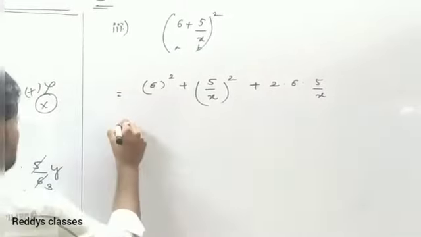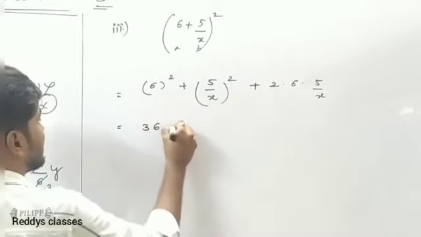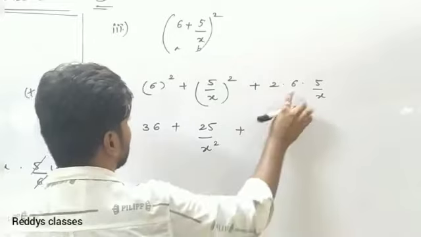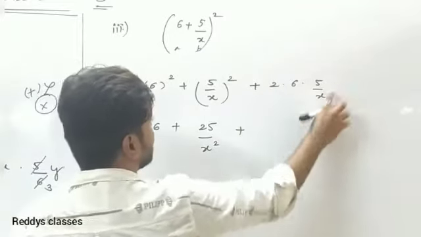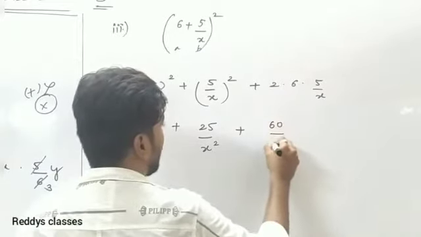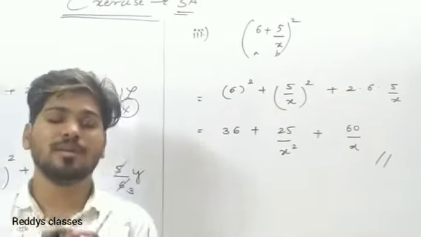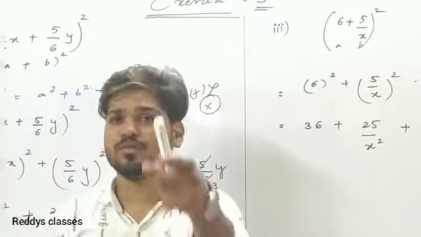Square of 6 is 36, square of 5 is 25, x square, plus 6 2s are 12, 12 5s are 60 upon x. We have the answer here using a simple formula. You have to solve the second question here.